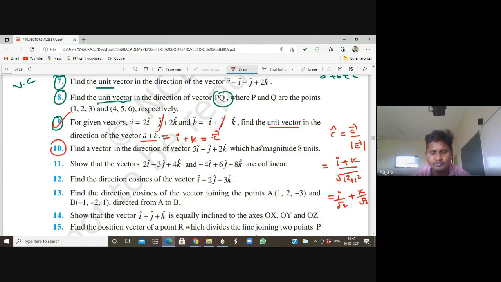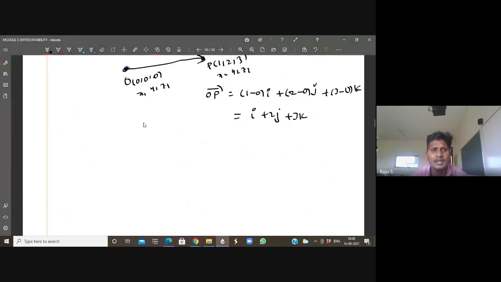Coming to the 10th one. Find a vector in the direction 5i minus j plus 2k which has magnitude 8 units. Magnitude is already given, 8 units. For any vector, for example, a cap is equal to vector a by magnitude of a. But I want to know just vector a alone. For this, magnitude of a into a cap. Just cross multiply this.